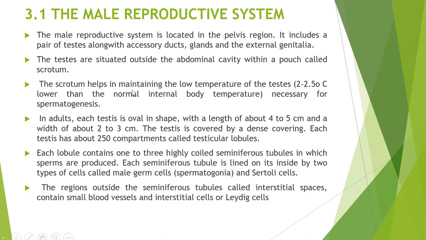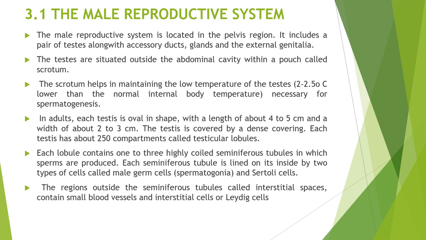Okay, what is the function of the scrotum for the testis now? The scrotum helps in maintaining the low temperature of the testes, which is 2 to 2.5 degrees Celsius lower than the internal body temperature. Okay, the internal body temperature is higher.